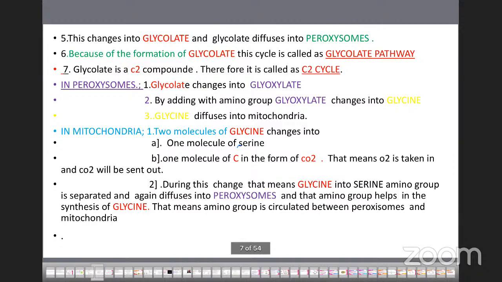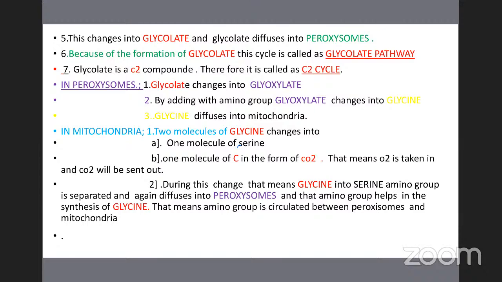Here, two more points in the chloroplast. This change of phosphoglycolate into glycolate, and the diffusion of glycolate into peroxisomes. Because of the formation of this glycolate, this cycle is called the Glycolate Pathway.